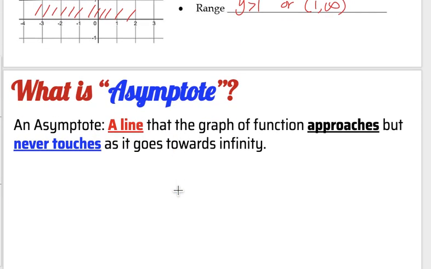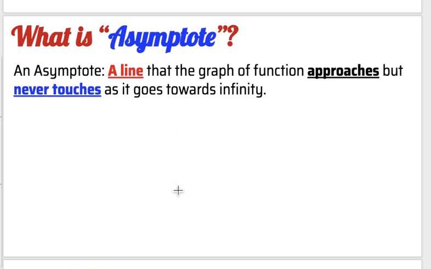So let's quickly check the definition for asymptote. Asymptote is a line that the graph of a function approaches. The keyword is approaching, not touching or meeting. It never touches or never meets as it goes towards infinity. Different types of function might have horizontal asymptote.